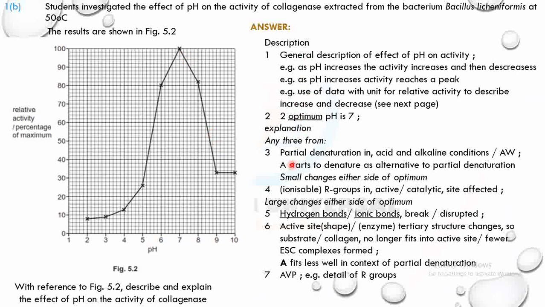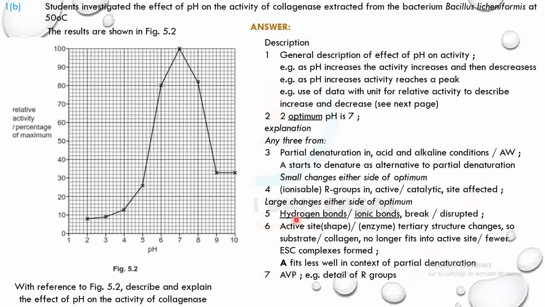They explain partial denaturation in acidic and alkaline conditions. It starts to denature here and here. Why? You can see that ionizable R groups in the active site are affected. How are they affected?